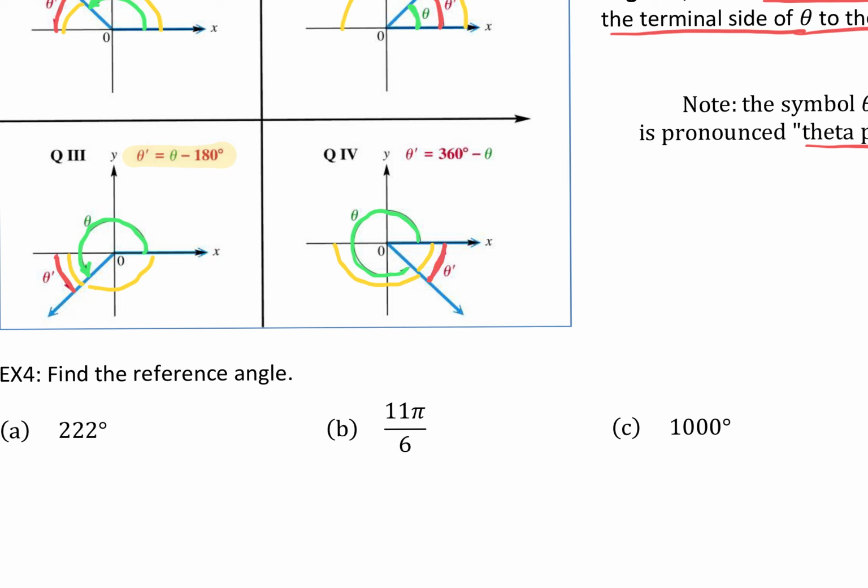Our reference angle would be if we just kept going to the positive x-axis. So if you look at the whole 360 degrees and you just take away theta, what's left over would be your theta prime, your reference angle. And that gives us our formula. The reference angle is 360 degrees minus theta.